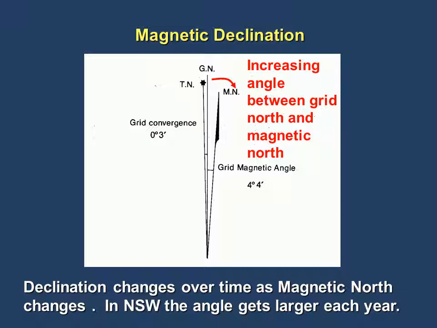And in this case of New South Wales, this angle is getting slightly larger each year. So the difference between grid north or true north and magnetic north is getting slightly greater each year. So if we were using maps based upon a map 30 years ago versus today, we have to make more allowance today of that difference if we're using the compass than we would 30 years ago.